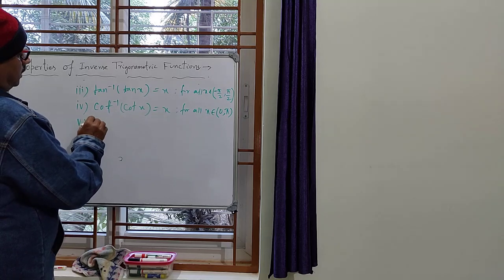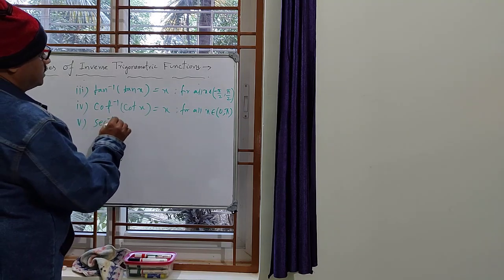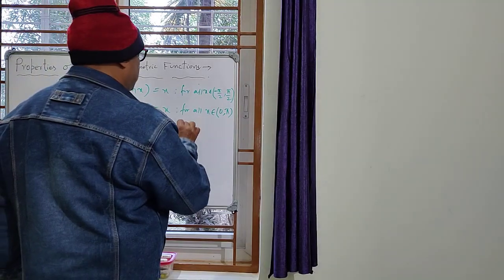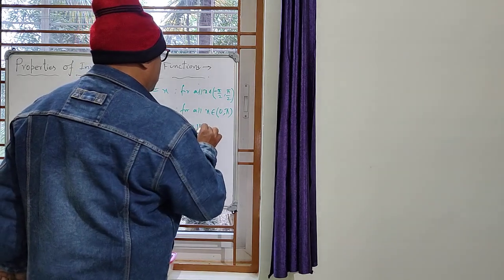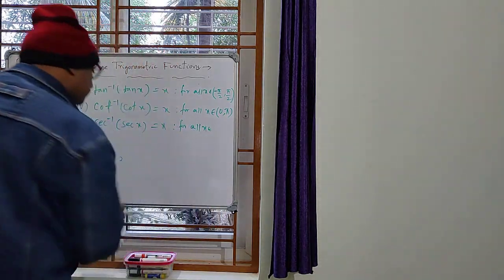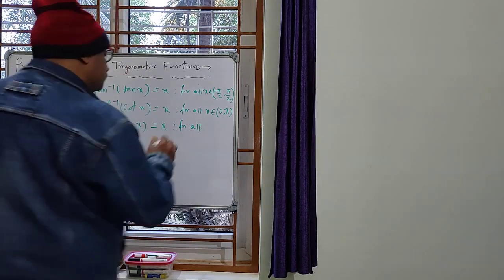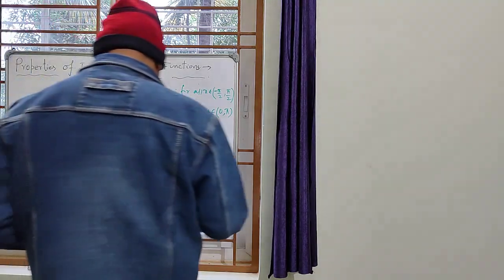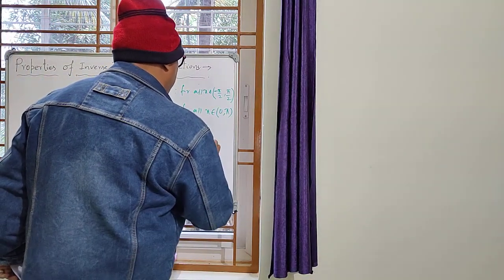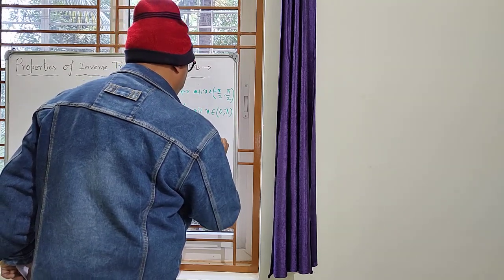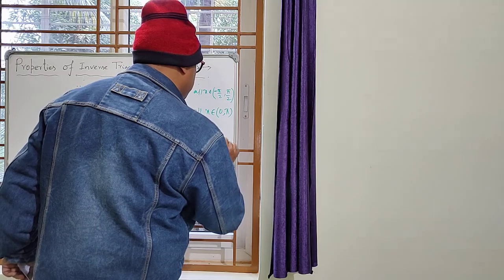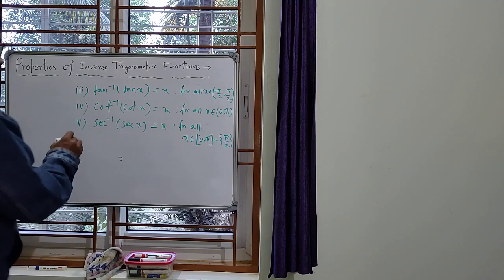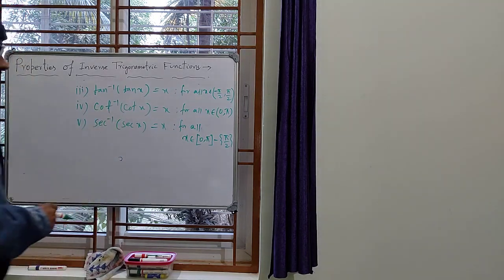Number 5, sec inverse of sec x equals x for all x belongs to 0, pi minus pi by 2, because sec x equals 1 by cos x.